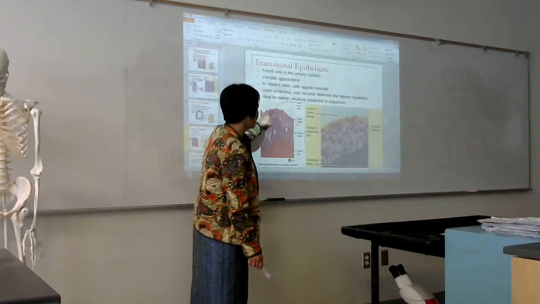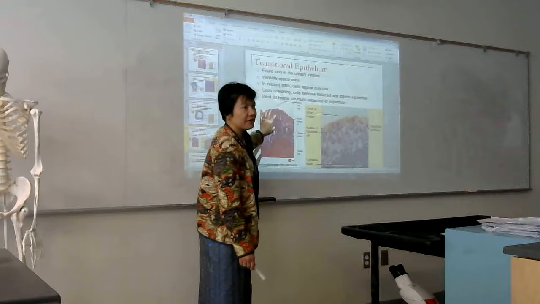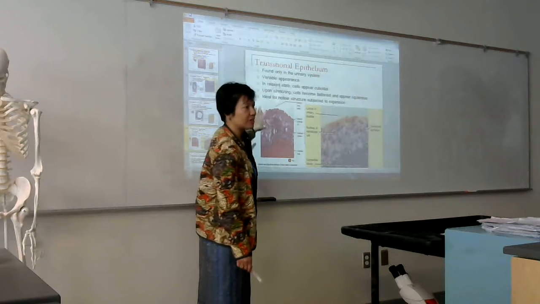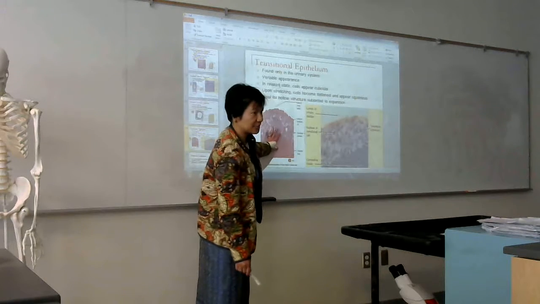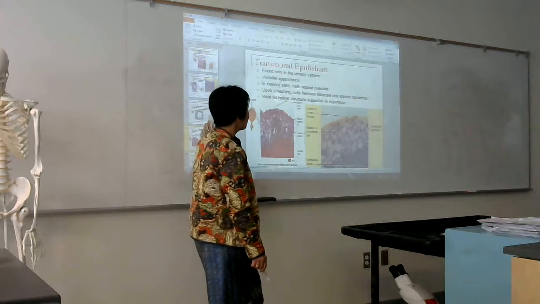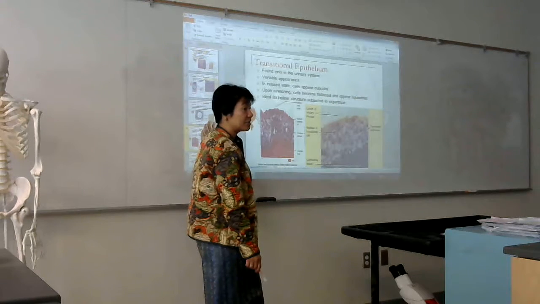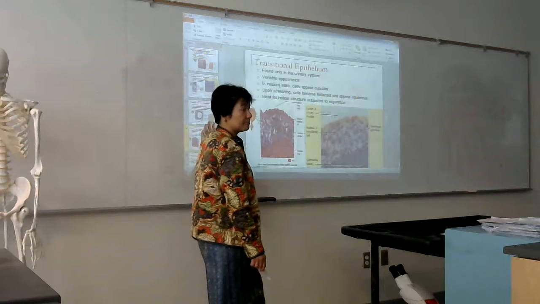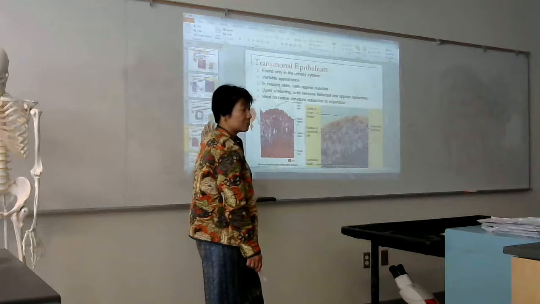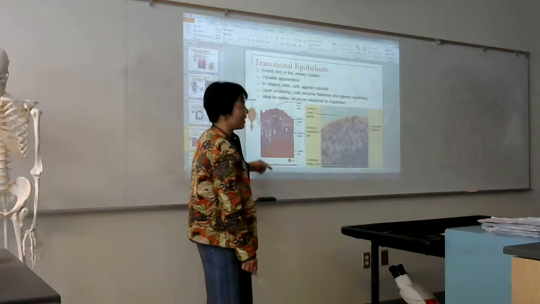So yes, it's many layers, but the topmost, see, it's very easy to distinguish which one is stratified squamous and which one is transitional. I call this balloon-shaped cells. The reason why it's called transitional is because it transitions from many layers when your bladder is empty to maybe a few layers when the bladder is full. Okay? So be sure you identify that.